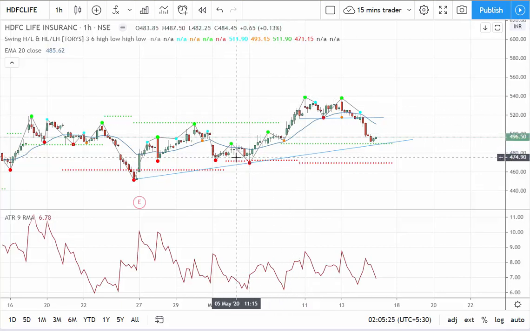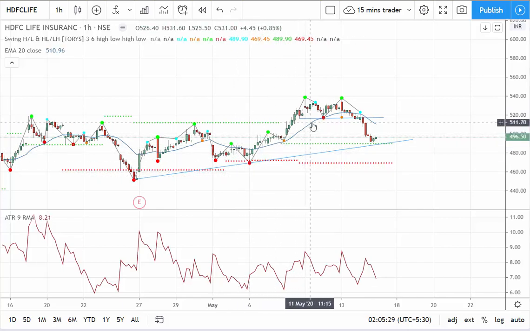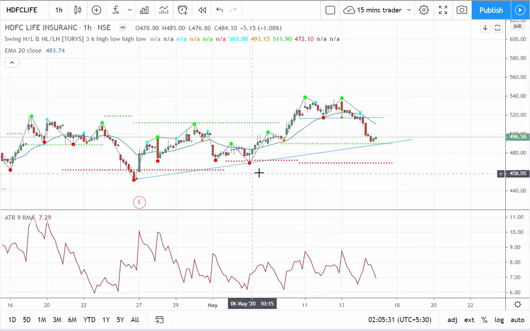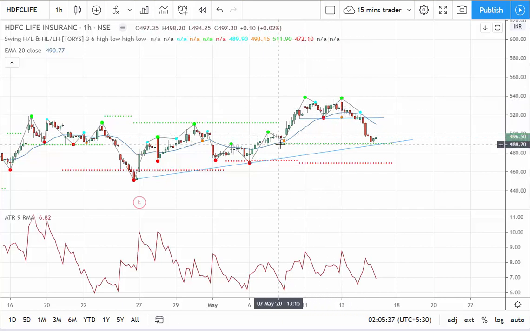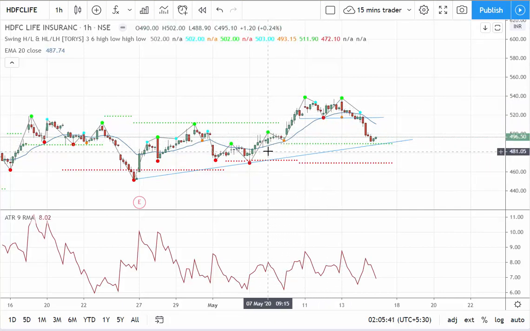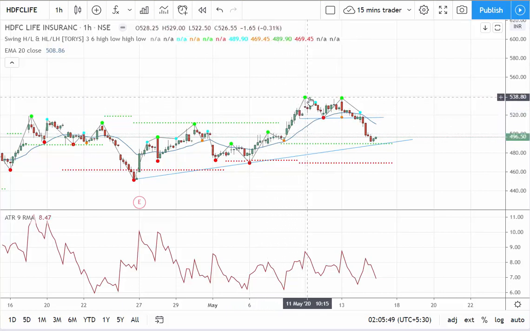The thing you need to identify and understand is these red dots. In an uptrend, where any reversal happens closer to these red dots, you can buy. Once you buy, the stop loss will be the red dots. Targets will be partial profits at the earlier green dots, and you can use Fibonacci retracement to book profits.